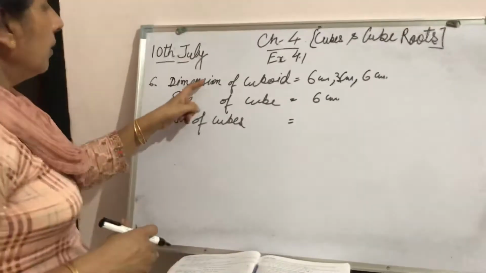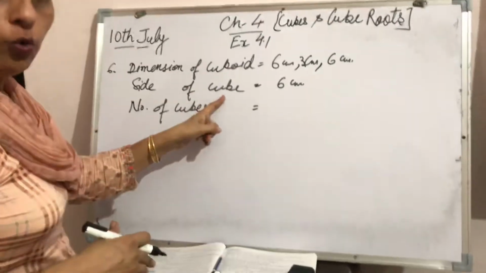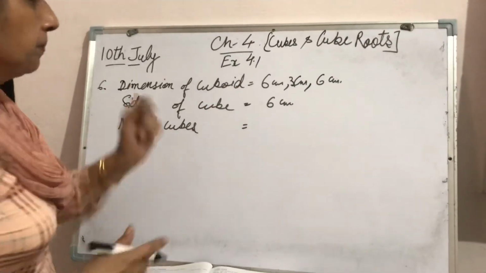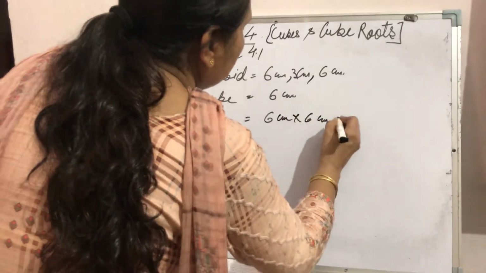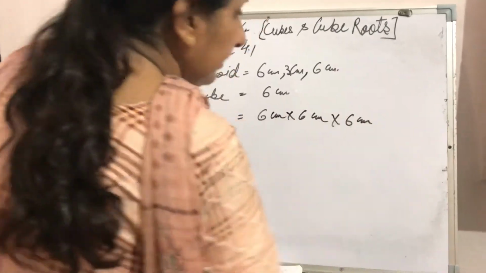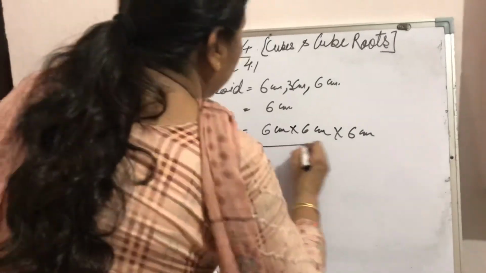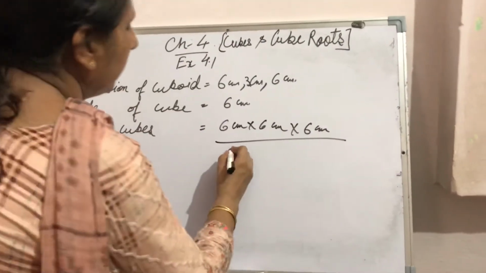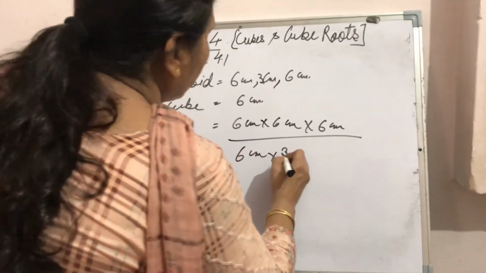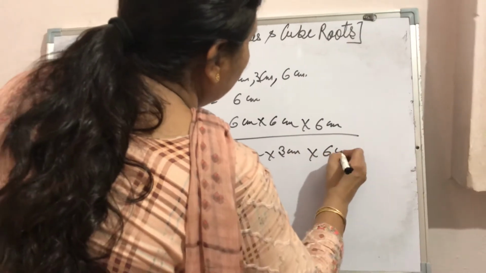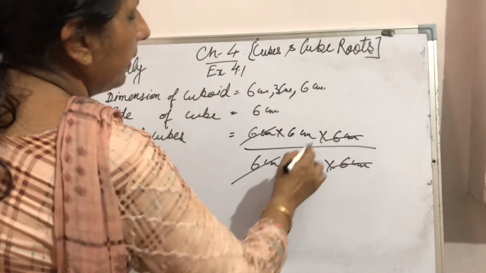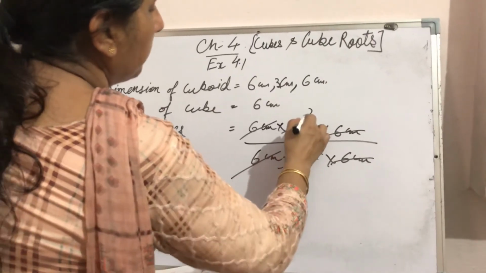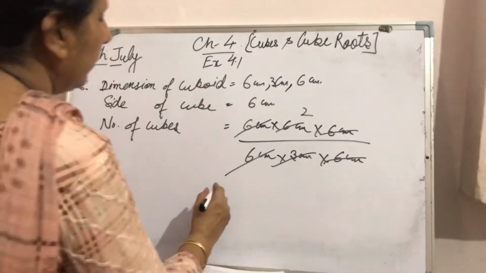So volume of this cube divided by volume of this cuboid. Volume of cube is 6 cm, 6 cm, 6 cm, divided by volume of cuboid, 6 cm, 3 cm, again 6 cm. This can be deleted, this can be deleted, and the 6 centimeters are already deleted.